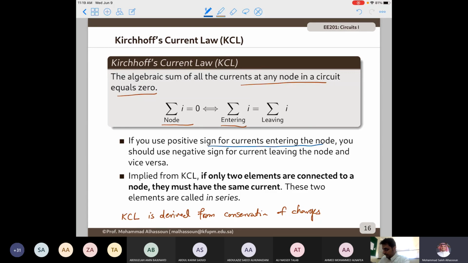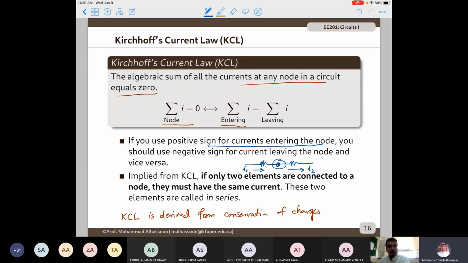Now, what happens if I have a node with only 2 elements? For example, this is the node that I'm talking about. If I apply Kirchhoff's current law, KCL, I have this current I1 entering that node, so I should have this current I2 leaving the node.